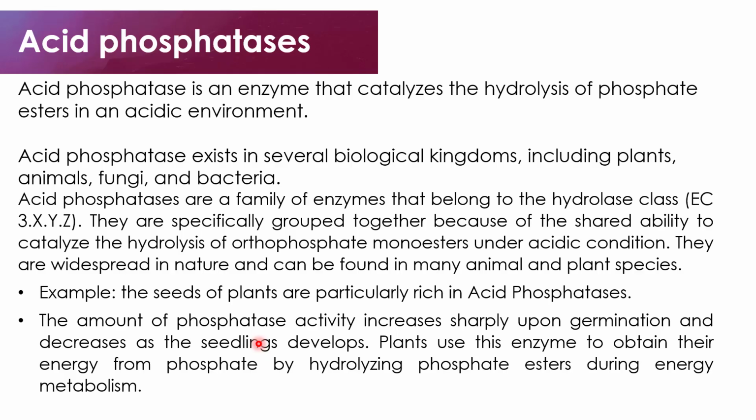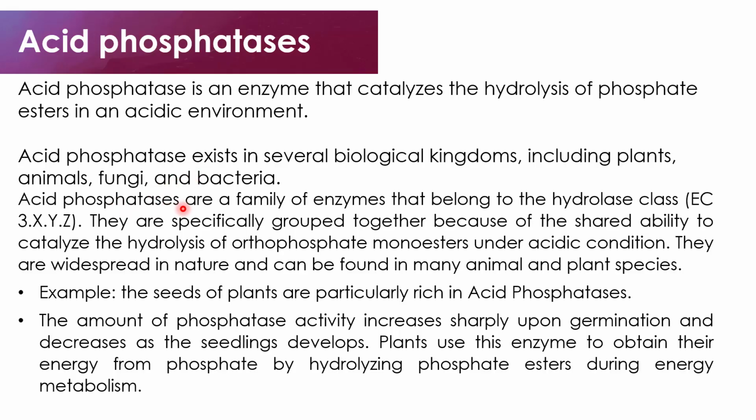Now let us look at acid phosphatase. What we have to note is that acid phosphatase is an enzyme that catalyzes the hydrolysis of phosphate esters in an acidic environment. The key note is in acidic environment. Acid phosphatase exists in several biological kingdoms, including plants, animals, fungi, and bacteria.